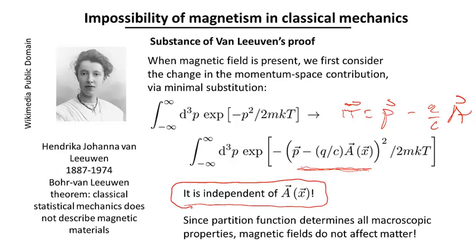So you might say this is a feature that it's independent of A of x, but it's also a bug because it means that no account of the magnetic field appears when you take a real material system well described by thermodynamics and turn on a magnetic field. Nothing happens. So, what's the resolution of this?